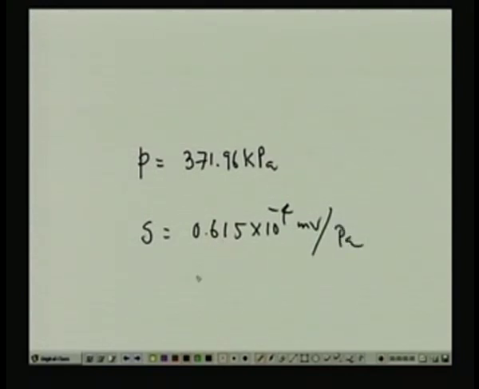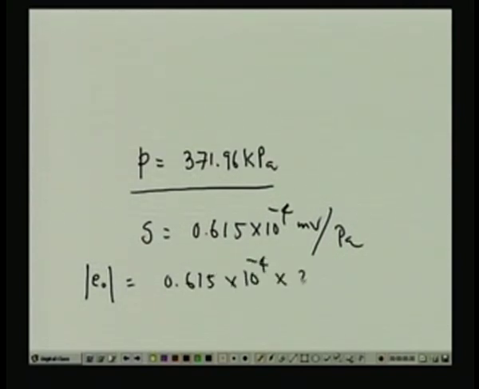So, the maximum allowable pressure is this one, and the full scale output will be given by E naught equal to 0.615 into 10 to the power minus 4 into 371.96 into 10 to the power 3, equal to 22.87 millivolt, right. This is the answer.